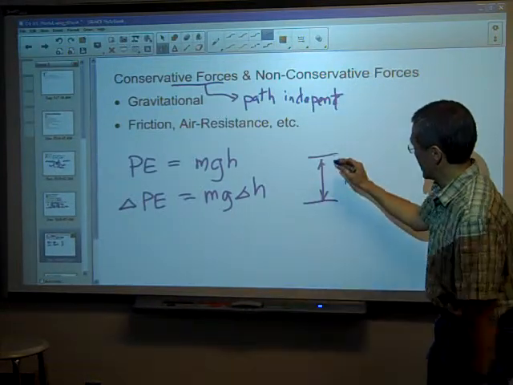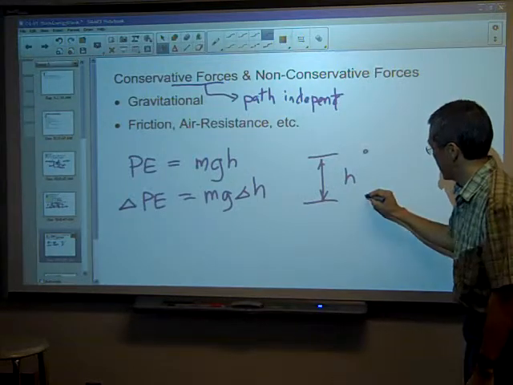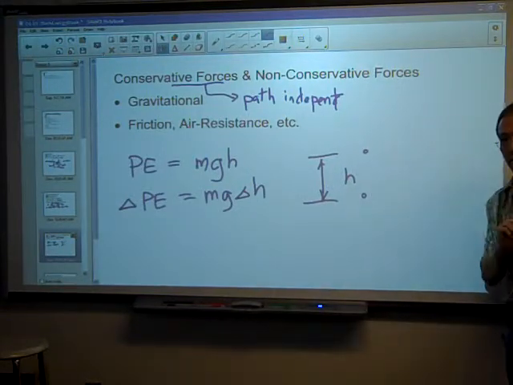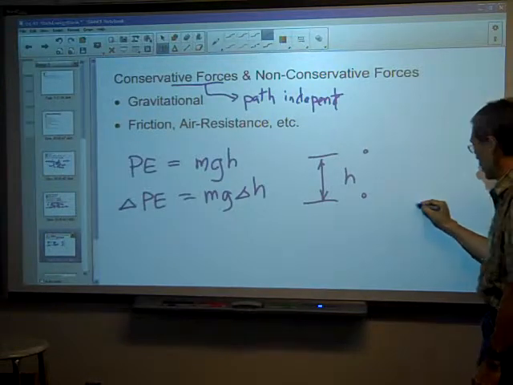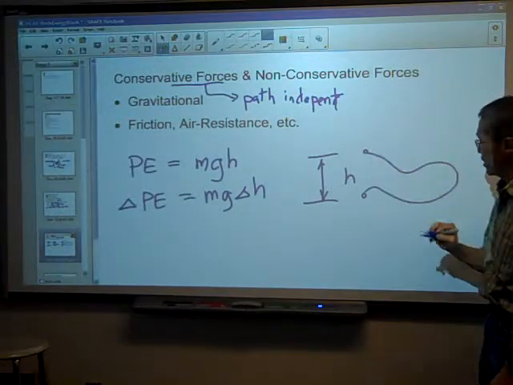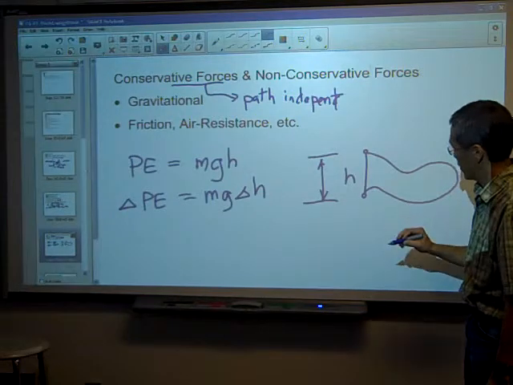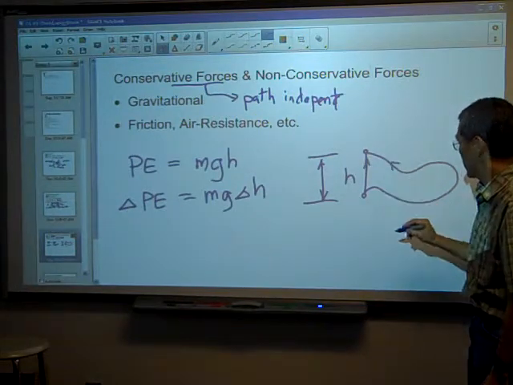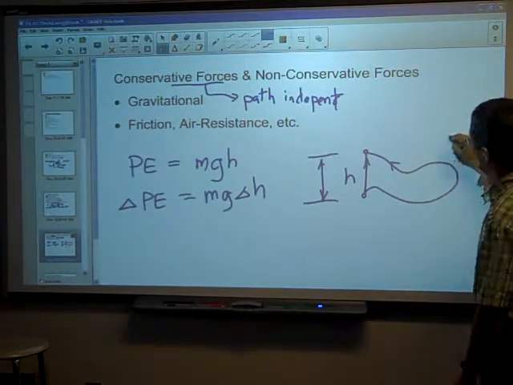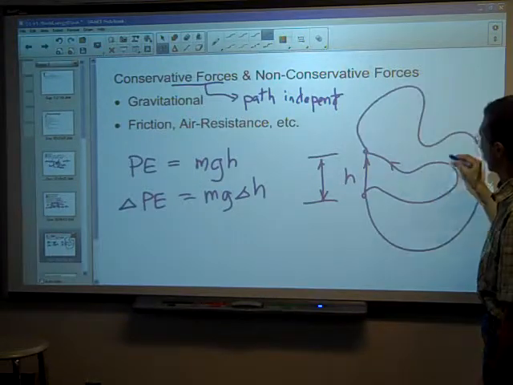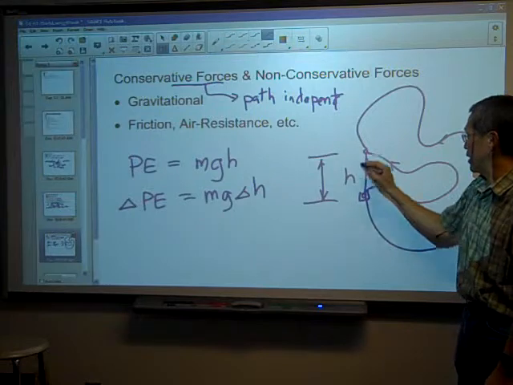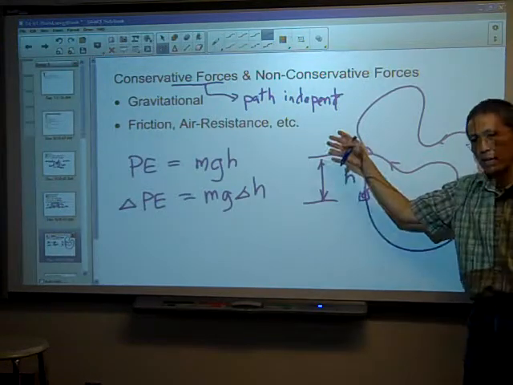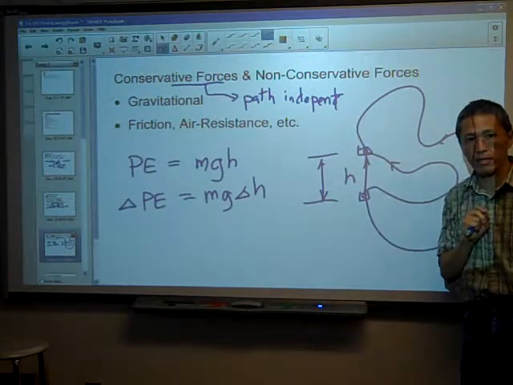So in other words, if I have a guy that's going to come here, and I know it's going to change potential energy, it doesn't matter whether I come this way, or straight up, or around and about. All these, as long as I start here and end here, will give me the same change in potential energy. Okay?